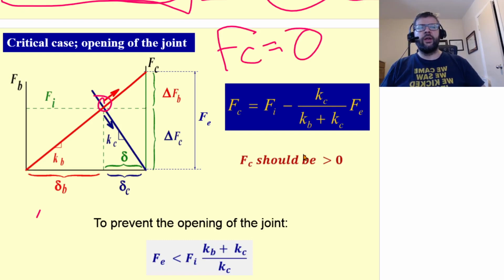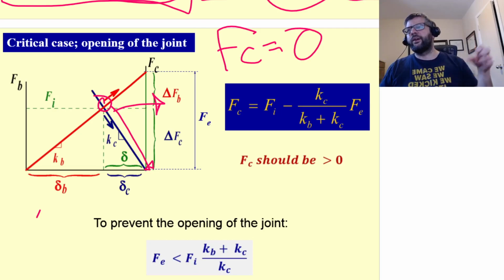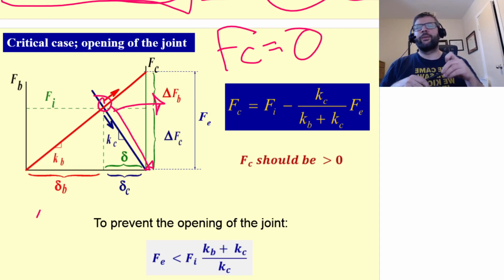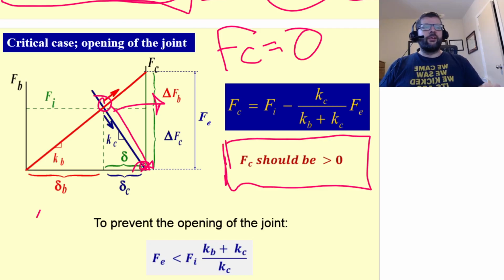So if we start here and then we apply enough force that the bolt stretches out enough that there's no more clamping force left in the joint, then we have a failure criteria. So we always want our Fc to be greater than 0. So if we want to prevent the opening of the joint, we need to make sure that our Fe is less than Fi times Kb plus Kc over Kc.